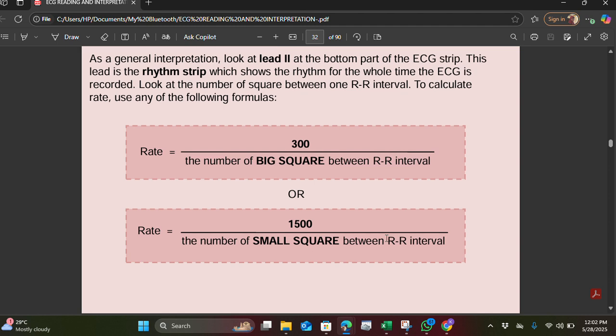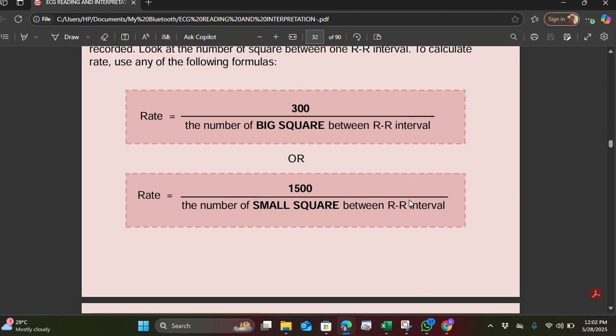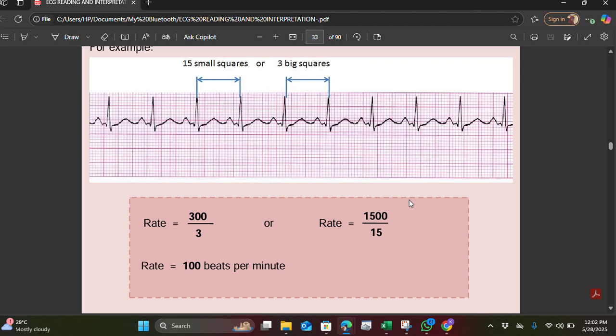Now this is the formula for calculating a regular reading. The rate is 300 over the number of big squares between the RR interval, or 1500 over the number of small squares between the RR interval. So this is just a basic one. Now I said 1500. First we need to know whether we're using big squares or small squares.